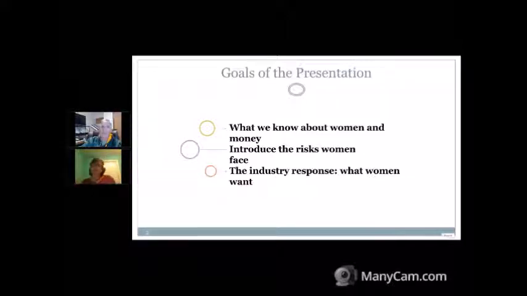So before we get to the nitty-gritty of the presentation, though, I kind of want to ask a question to the audience, and this is for the men too. Anyone that you know in your life that's a woman, this is some insight into how they process, but it's also a little bit true for men as well.